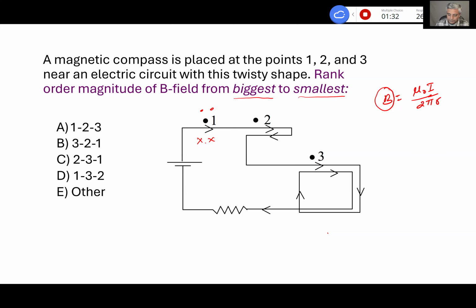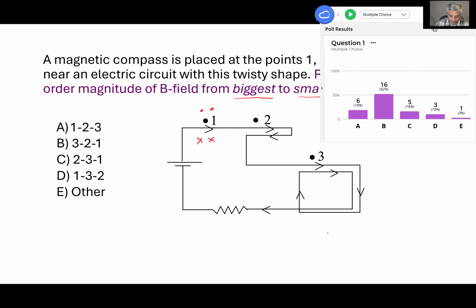Thirty more seconds. And 5 more seconds. 5, 4, 3, 2, 1, and it stops. Okay, let's see what we got. So mostly B. It's asking for biggest to smallest.